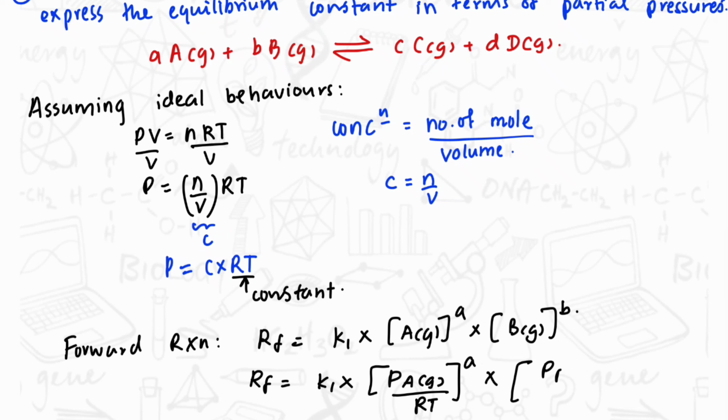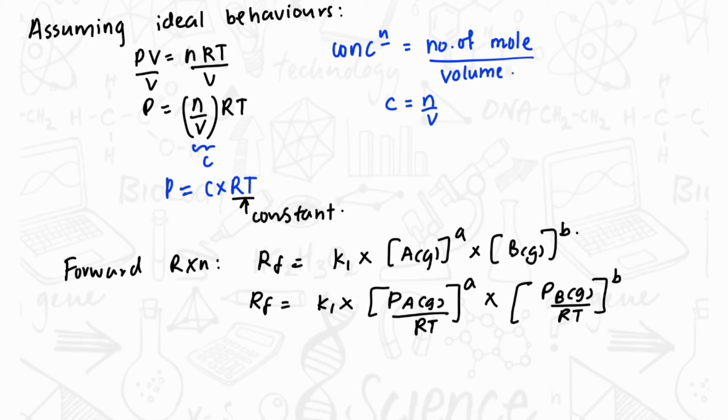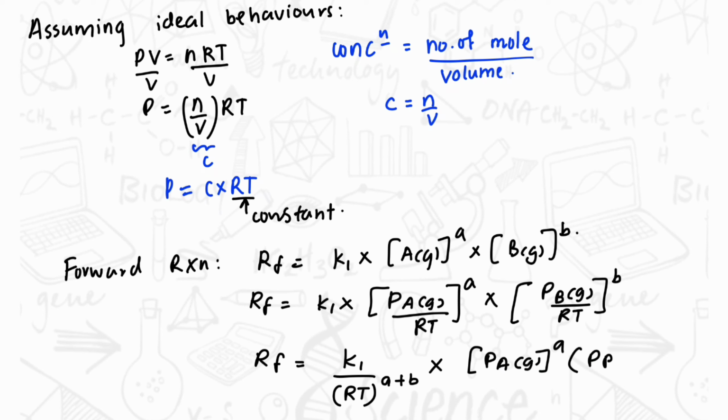Similarly for B, it is (PB over RT) to the power b. If we further simplify this, Rf = K1 (1/RT)^(a+b) times partial pressure of A to the power a and partial pressure of B to the power b. So that is the first equation.